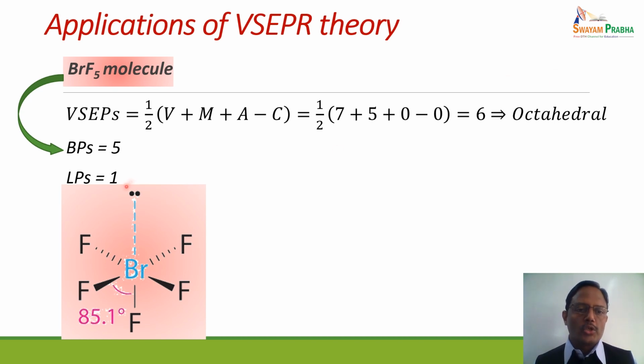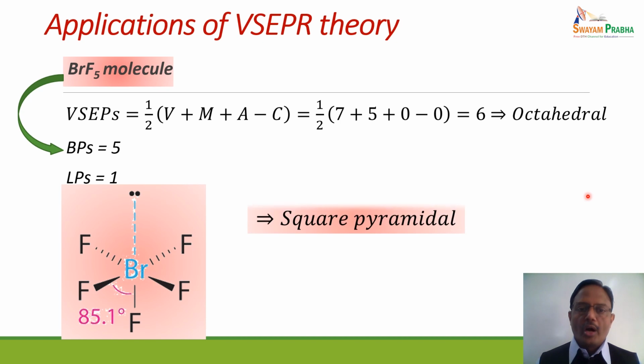Suppose this lone pair is shown at this particular point, we can see that the geometry will have 5 fluorine atoms, 4 in a plane and 1 below the plane or above the plane, we can say. The bond angle, which is expected to be 90 degrees, has been reduced to 85.1 degrees because of the repulsive interaction with this lone pair of electrons.